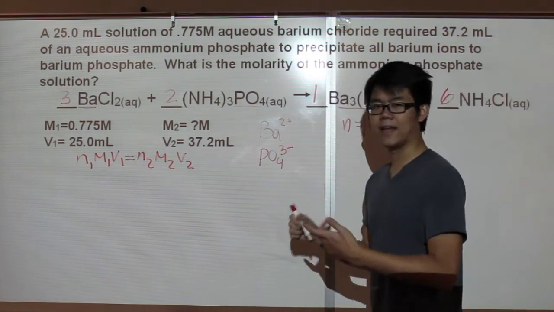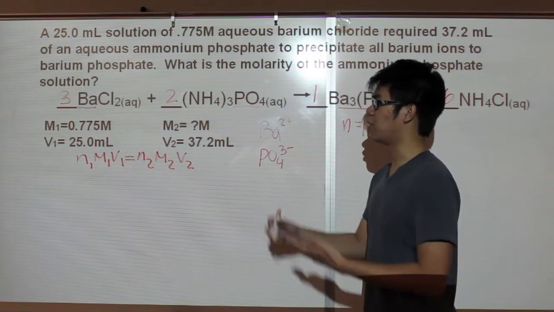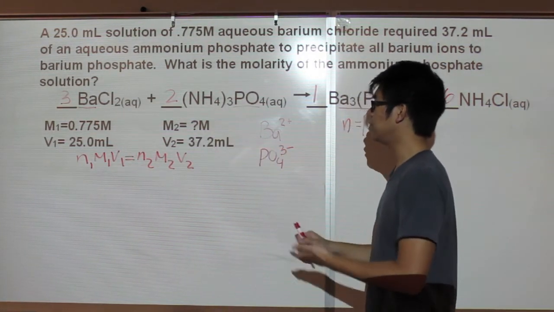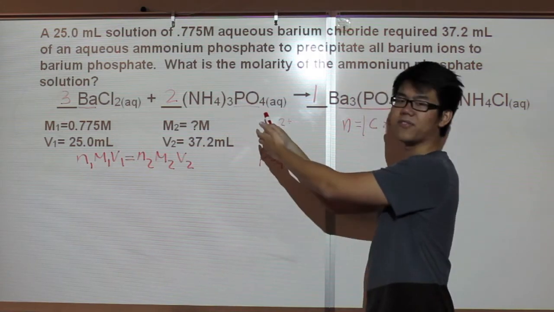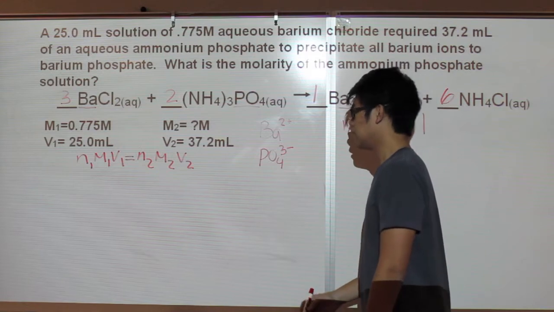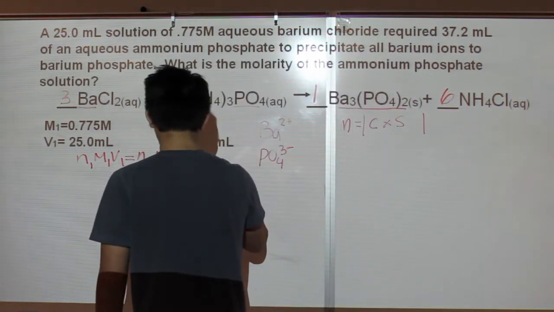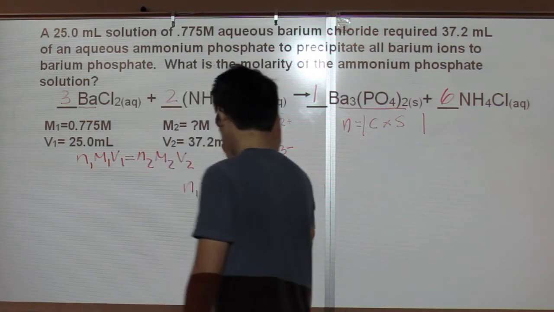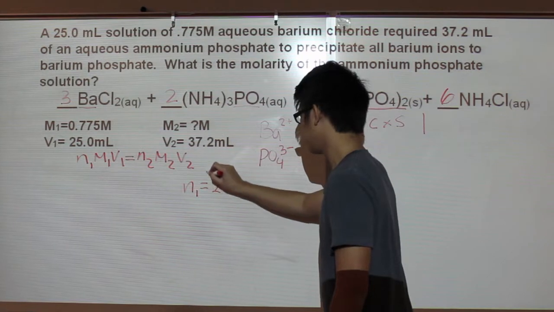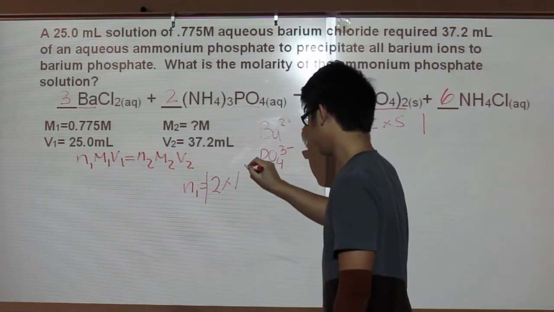Now, how do you know which N's to assign to? Well, N1 would correspond to the one on the left, so barium chloride, and N2 would correspond to ammonium phosphate, which is over here. So let's start with that. So let's see, for barium, which is N1, you would have 2, which is the charge, multiplied by its subscript, which is 1.